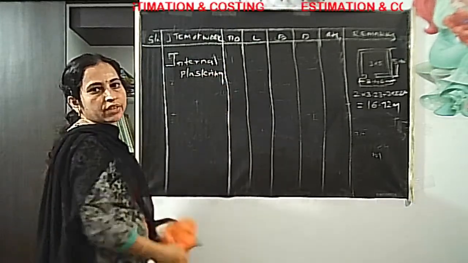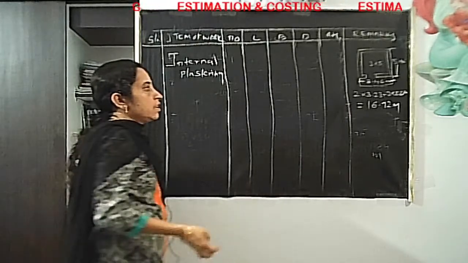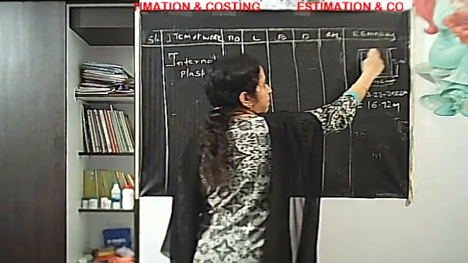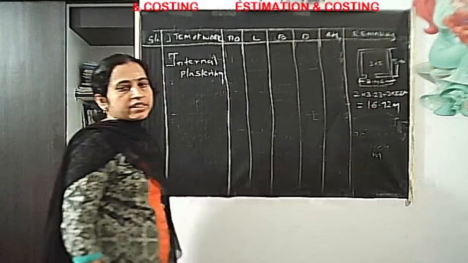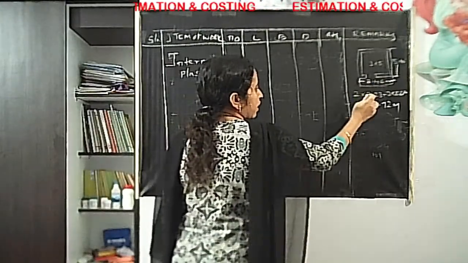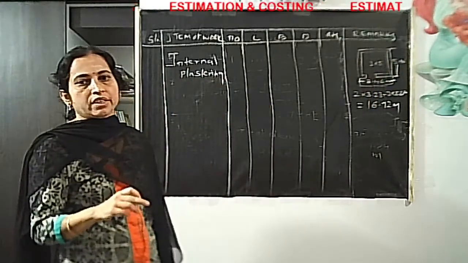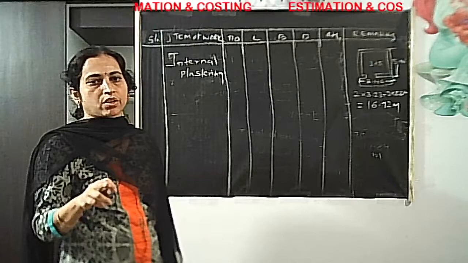What is the difference between your external plastering and internal plastering? As I said, in the external plastering we are calculating the exterior length of the walls, whereas in the internal plastering what you are doing is, you are going for the interior wall length. The interior wall length you have to add up, that is called the perimeter of the room.